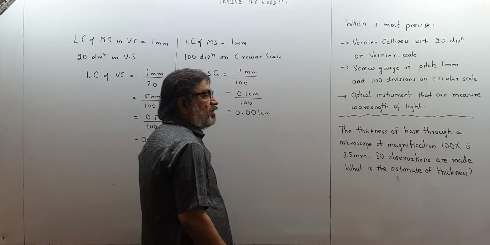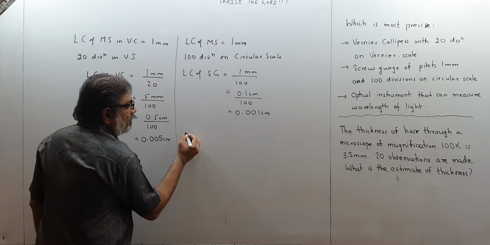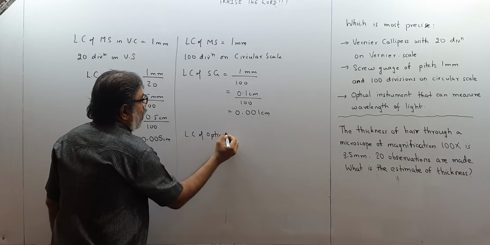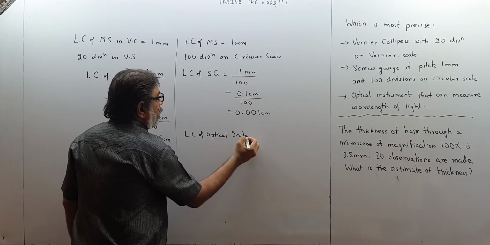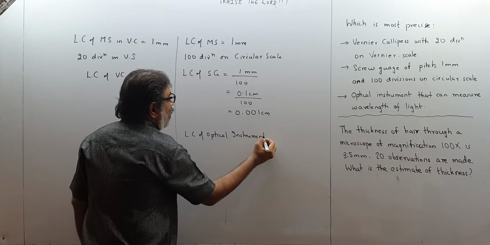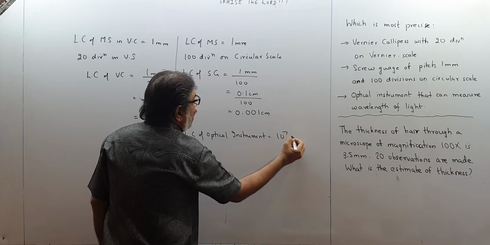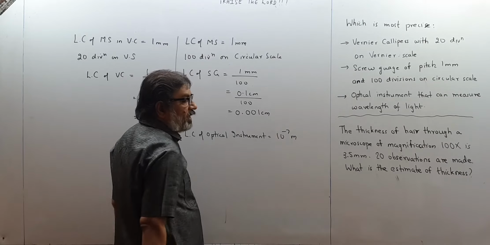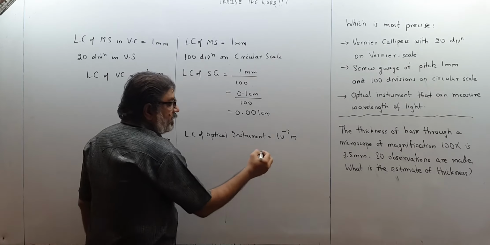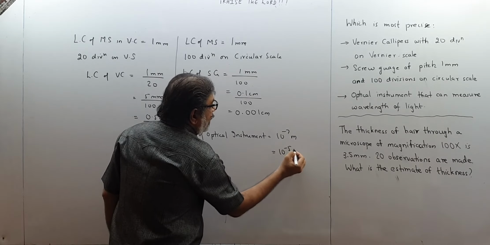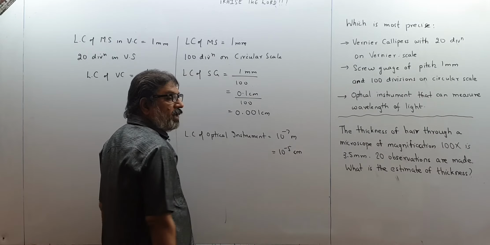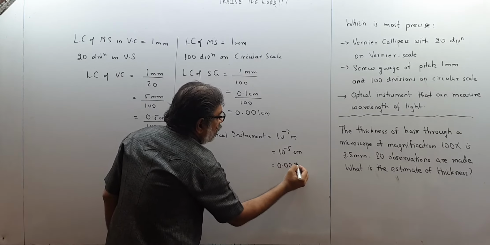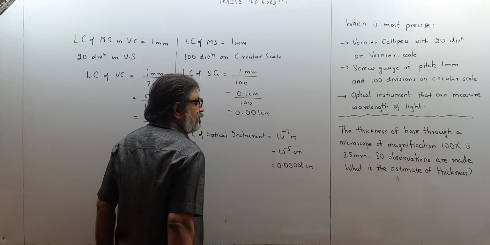An optical instrument can measure the wavelength of light. So for the optical instrument, the least count is the wavelength of light, which is in the range of 10 raised to minus 7 meter. That becomes 10 raised to minus 5 centimeter, multiplying by 100, and that becomes 0.00001 centimeter.